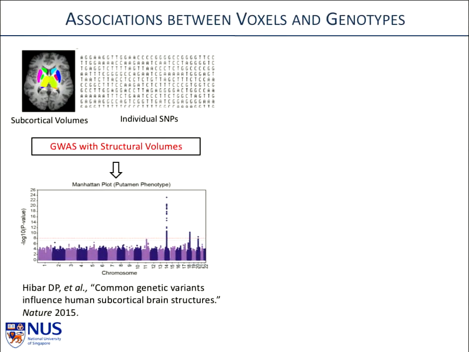And if we go beyond the phenotype and look at the genetics data, especially the individual SNPs, we can also look at the association between the SNPs and individual structures, such as subcortical volumes. The paper published by Paul Thompson's group a few years ago already shows the strength of combining imaging data as well as genetic data to look for biological markers that are related to brain structures.